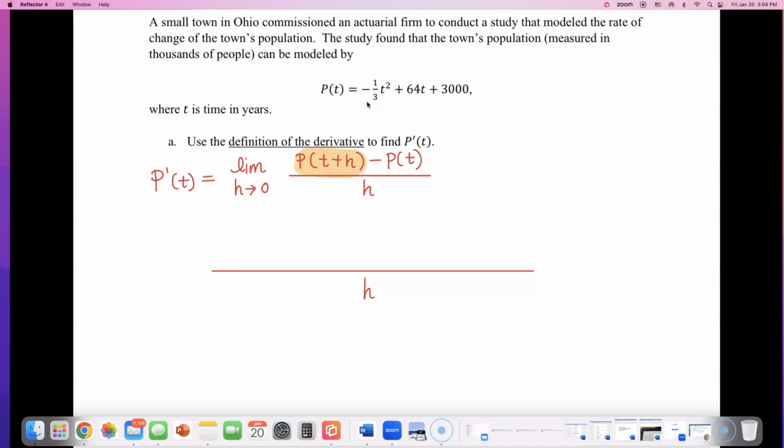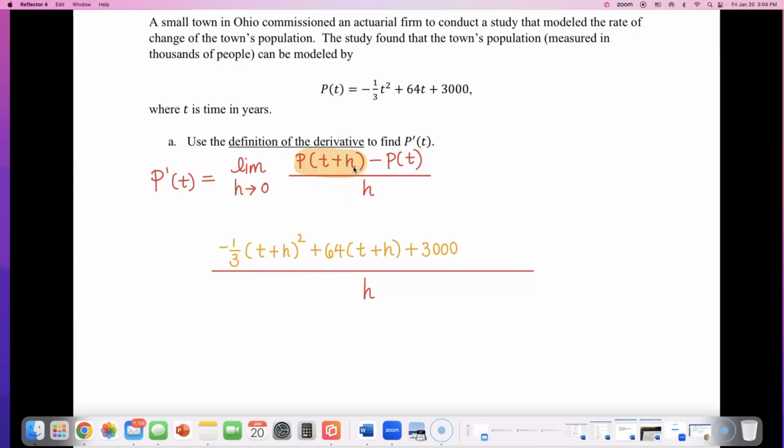That will be negative 1/3 times (t plus h) squared plus 64 times (t plus h) plus 3,000. What I wrote down in orange is this orange highlighted part.